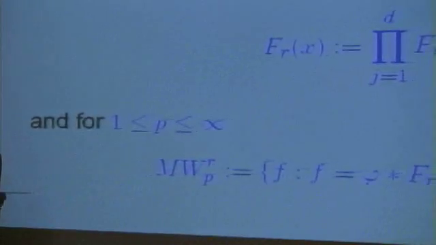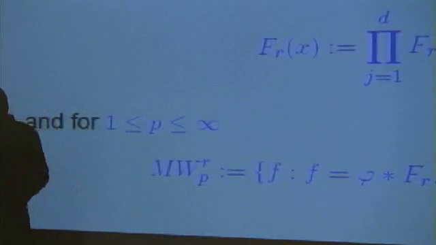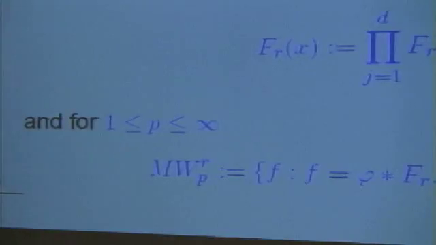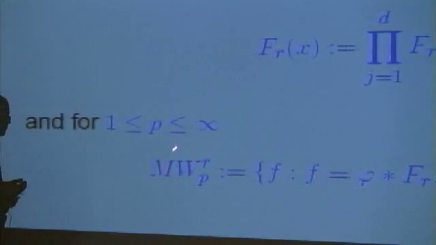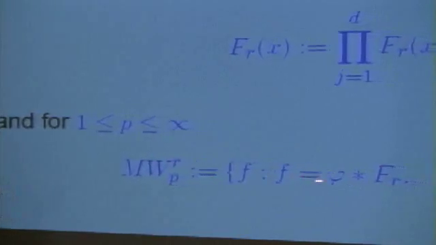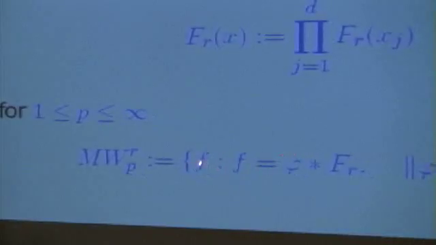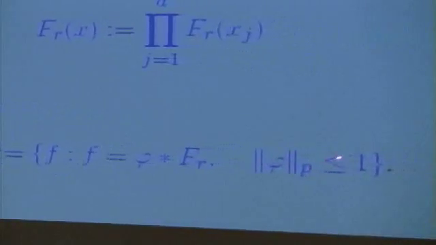W stands, actually it's a standard definition for Sobolev class, but I believe that Sobolev introduced this W just to commemorate Weyl. But this is called Sobolev classes, so mixed Sobolev class with parameters R and P. So this is this quantity. This is this set of functions. F can be represented in this way. So phi is a function like this. So it is actually a unit ball in that space.